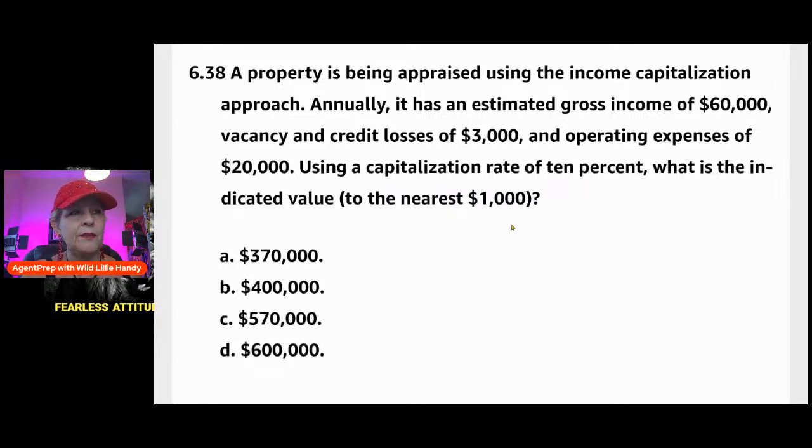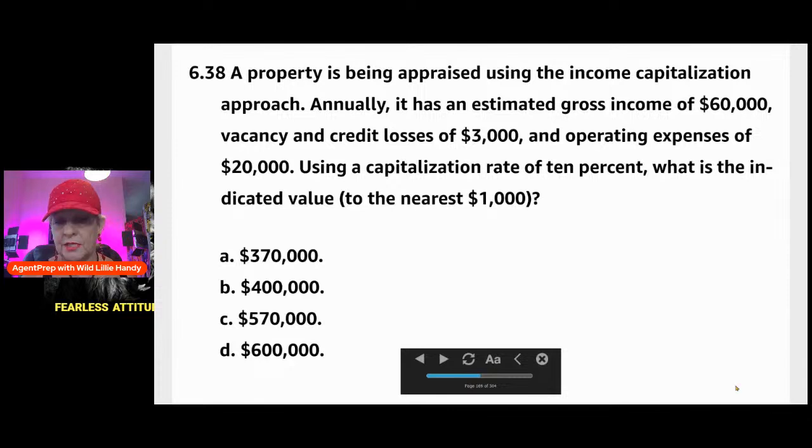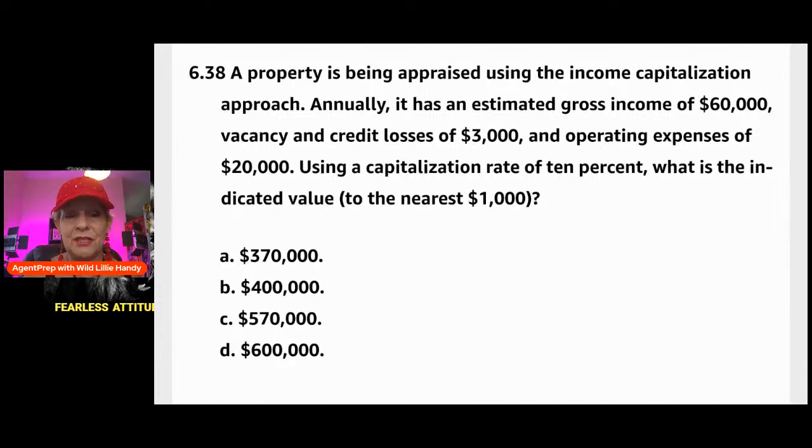So we divide 37,000 by 10%, which is a decimal 0.10, and rounded off to the nearest thousand. Yes, the answer is 370,000.